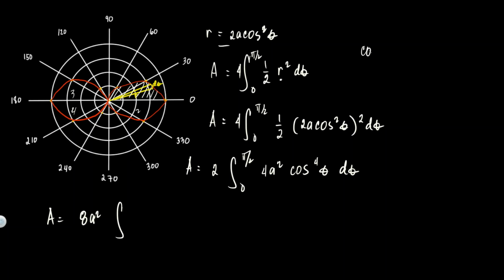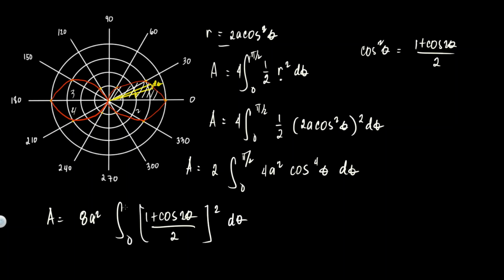So, cosine squared theta is equal to, yung ginamit natin kanina, 1 plus cosine 2 theta over 2. So, this is equal to 8a squared times the integral of 1 plus cosine 2 theta over 2 squared pa to, no? d theta from 0 to pi over 2.